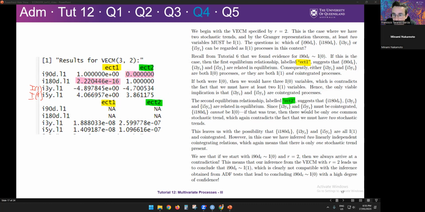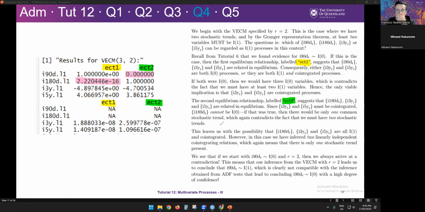If that was true, then there would be only one common stochastic trend, which again contradicts the fact that we must have two stochastic trends. So this I1, and this I1 here too for our second one. Combining the analysis of this one and this one, we conclude that this is what we have in there.